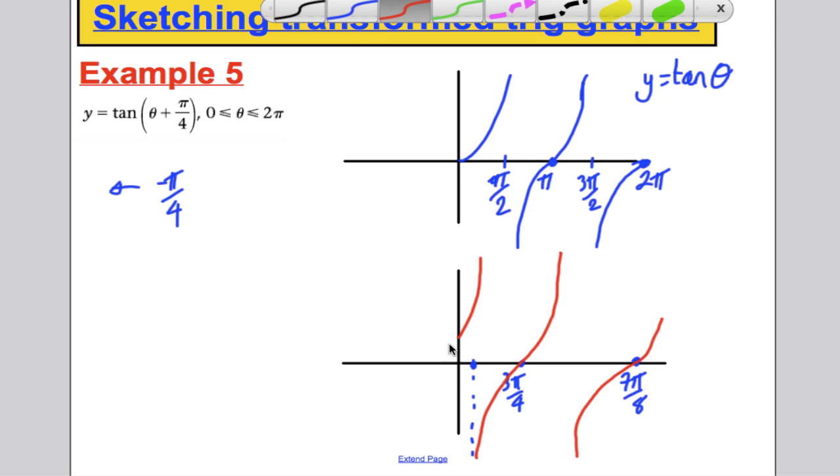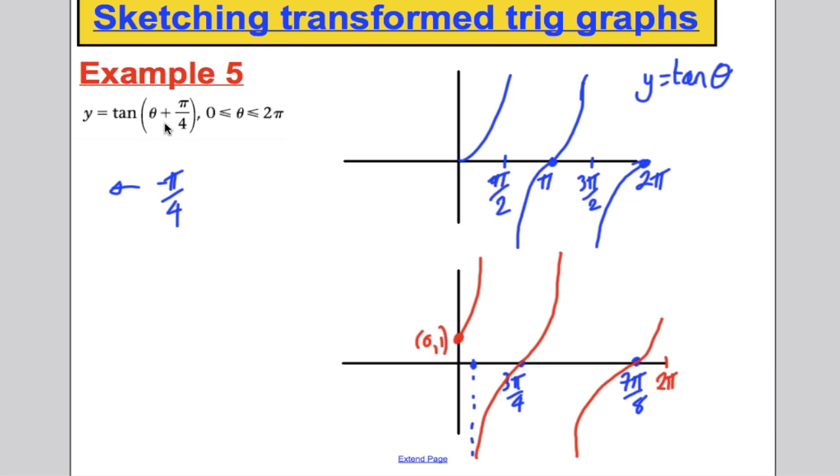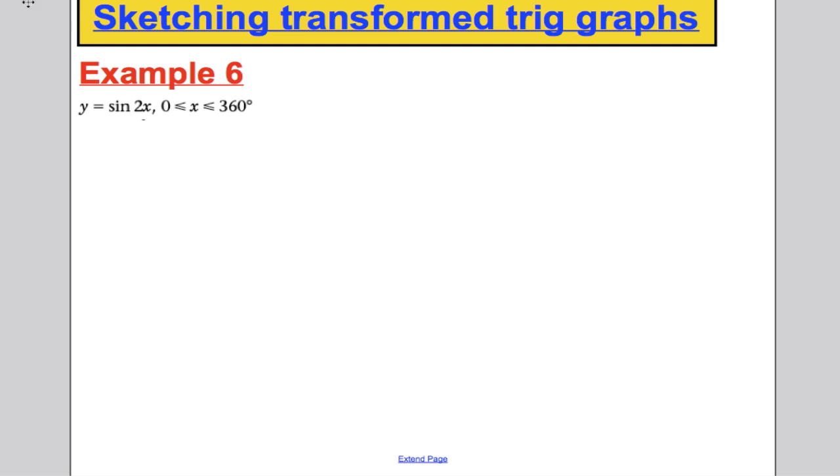Okay, and that point there is going to be when theta is 0, and that's tan of pi by 4, which is the point 0, 1. So it's important to label that on there as well. This here would be 2 pi here, and that should have the same value as this here. This should have the value 1 at that point.